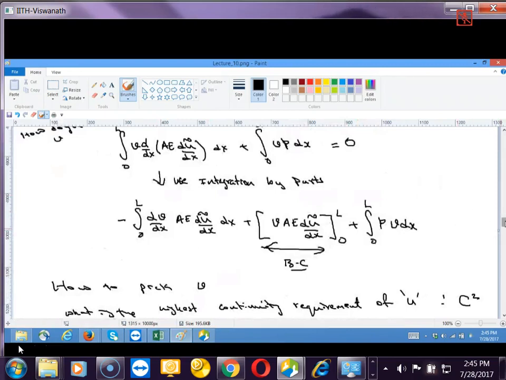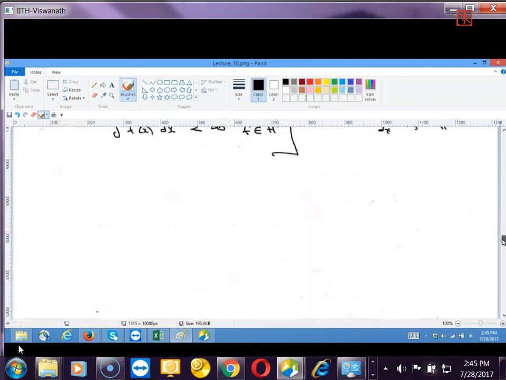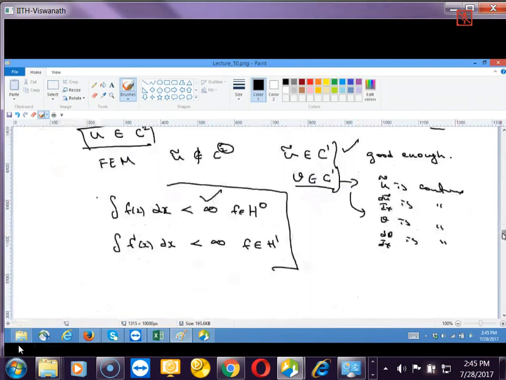If it is infinite, then we are not in a good position to get the solution. So that means your V has to belong to H1 and U tilde should also belong to H1.